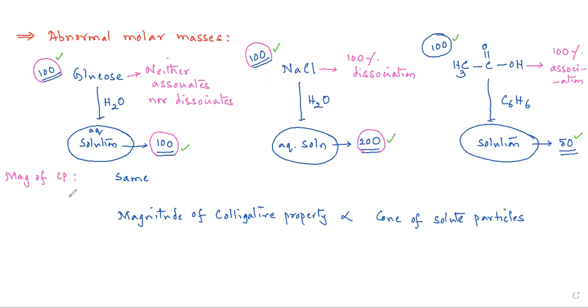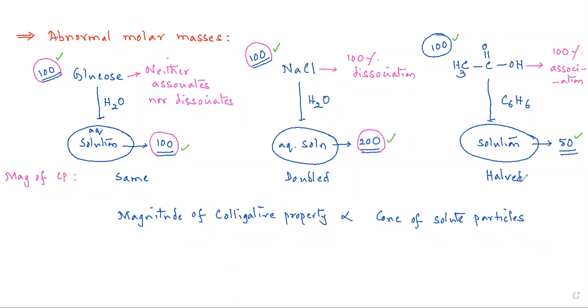Whereas in the second case, because the number of particles is doubled, the magnitude of colligative property is also doubled. See the changes. In the third case, the magnitude of colligative property is halved because the number of particles is also halved.